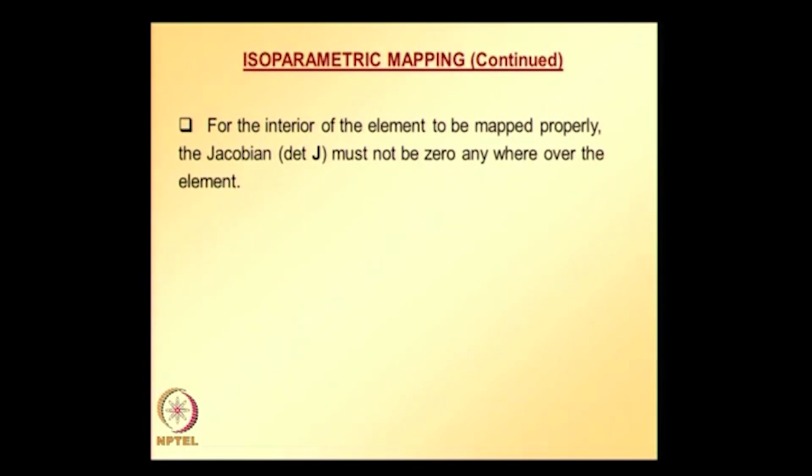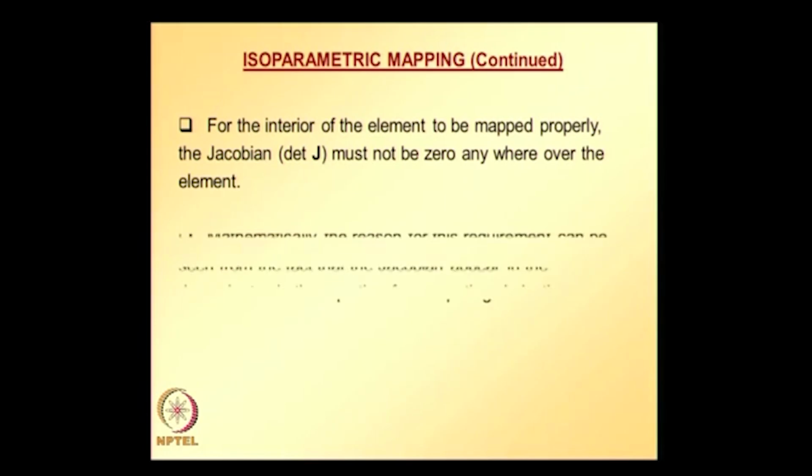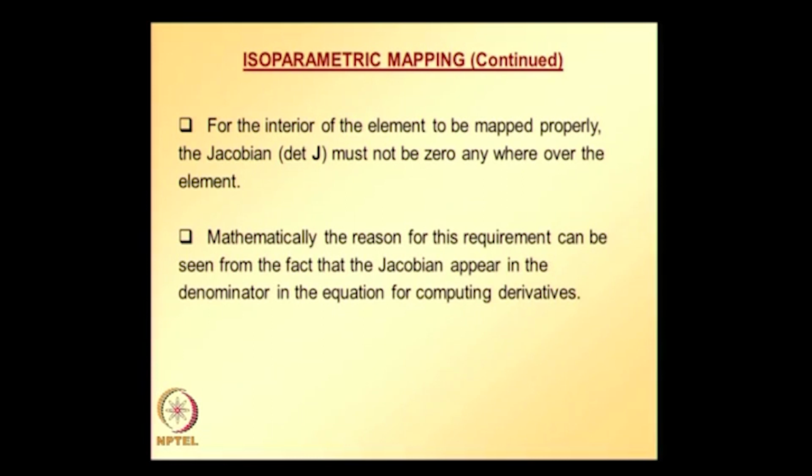For the interior of the element, corner nodes no problem, they are mapped, but for the interior of the element to be mapped properly, the Jacobian, that is the determinant of Jacobian, must not be 0 anywhere over the element. So, this is the requirement. Mathematically, the reason for this requirement can be seen from the fact that Jacobian appears in the denominator in the equations for computing derivatives.